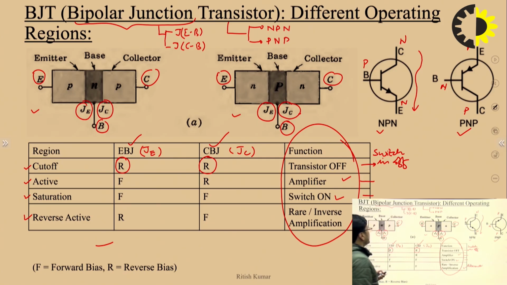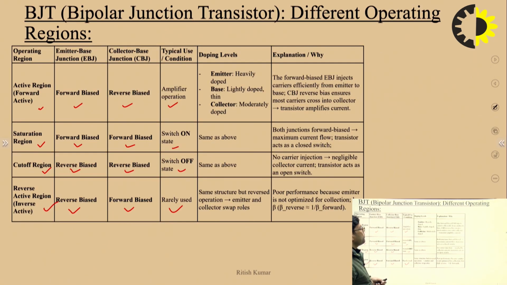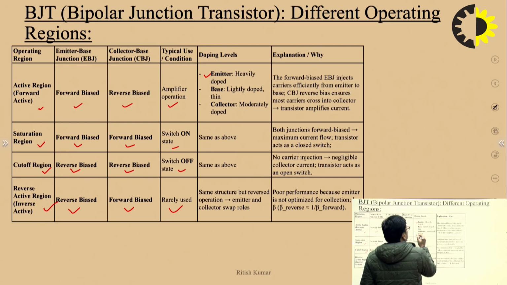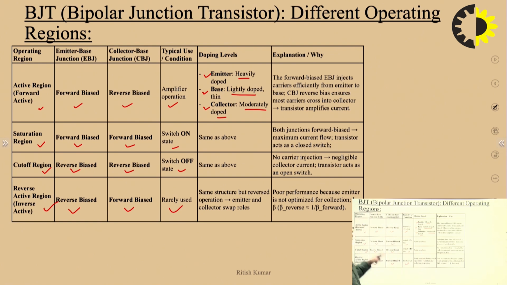So in the table we have mentioned it: emitter is heavily doped, base is lightly doped, and collector is moderately doped. In all cases we need to have the same kind of doping level in the BJT. So this is the total explanation of the BJT, in terms of different operating regions and doping level.